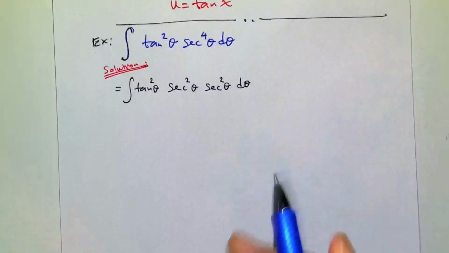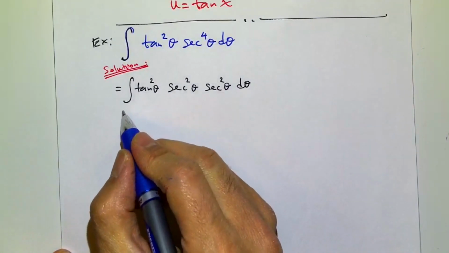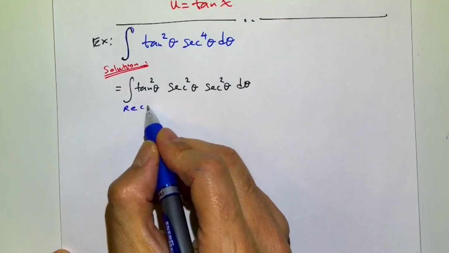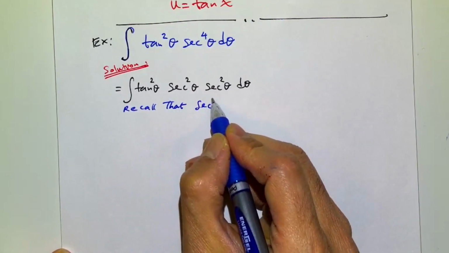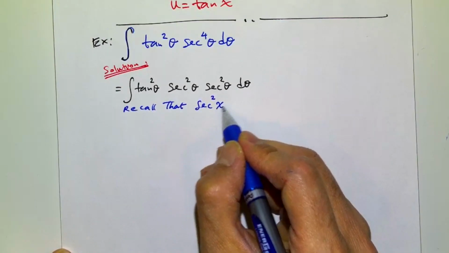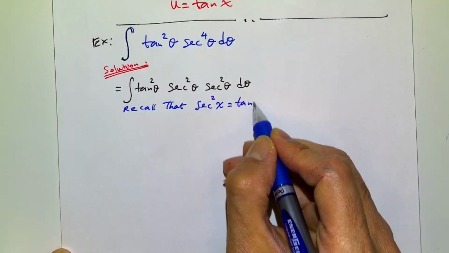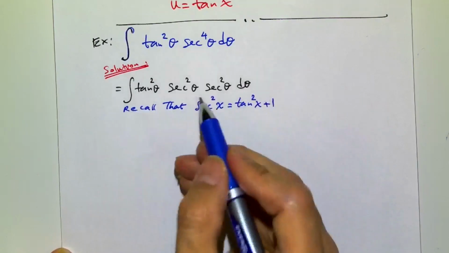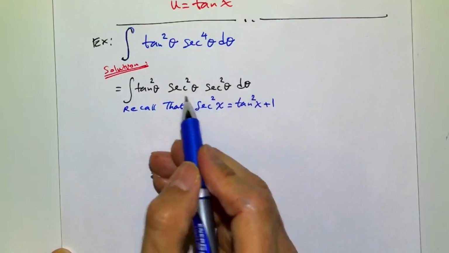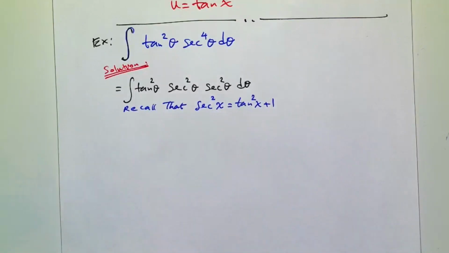So recall that secant squared x equals tangent squared x plus 1. I'll write it in terms of x because this is the general form, and then we'll apply it to this case.